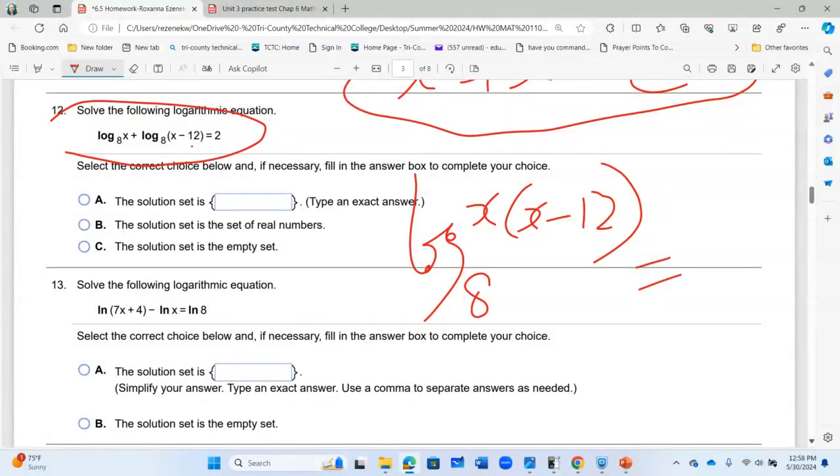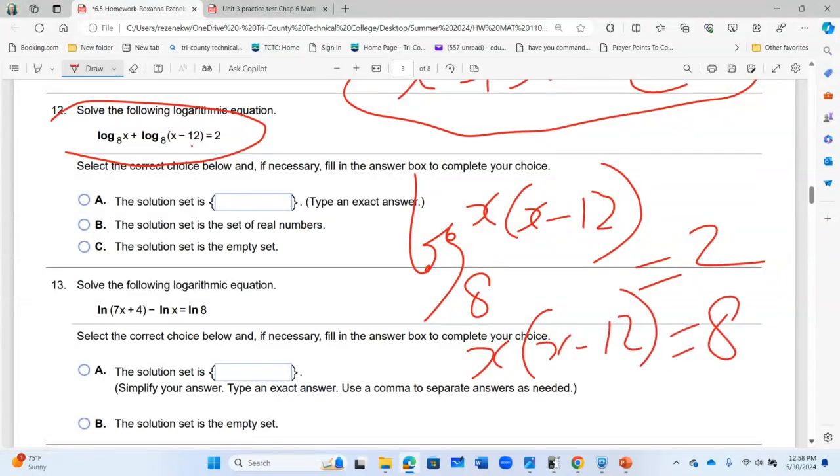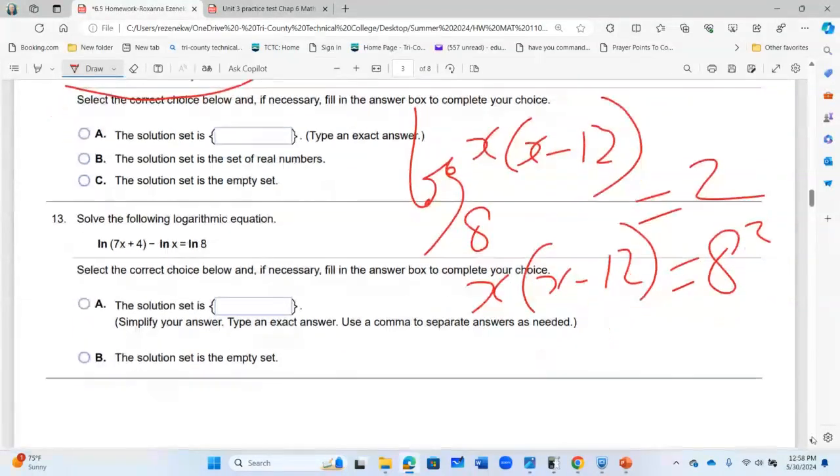We're applying the laws of logarithm. Then we have x times x minus 12 is equal to 8 to power 2. And we distribute x into the parentheses. So we have x squared minus 12x is equal to 8 squared, which is 64.